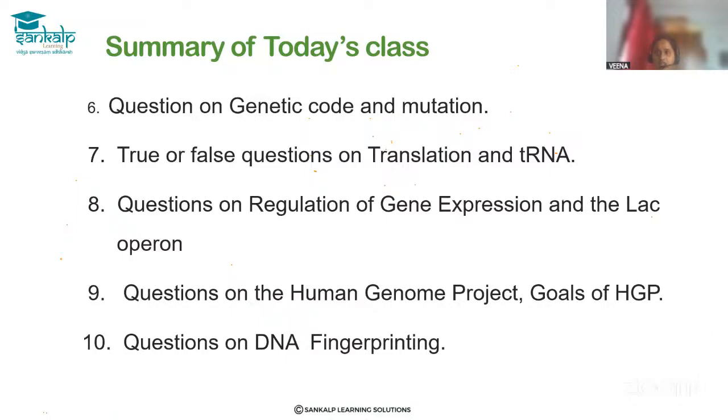We also discussed the genetic code table, the 64 triplet codons and 20 amino acids. Then we discussed the questions on tRNA, the translation process, and regulation of gene expression, the lac operon. And we also discussed the human genome project and DNA fingerprinting. So these are the topics we have covered in today's session.